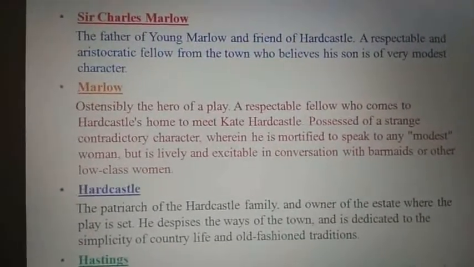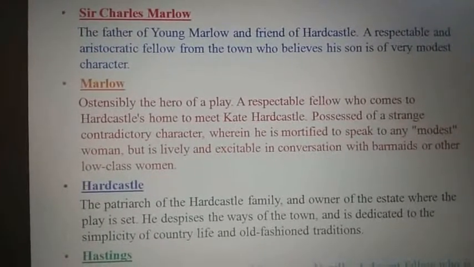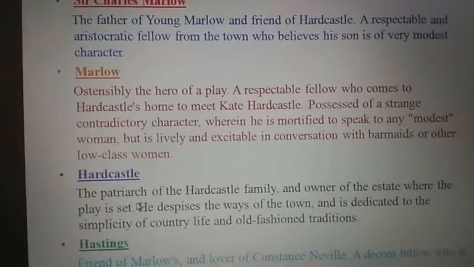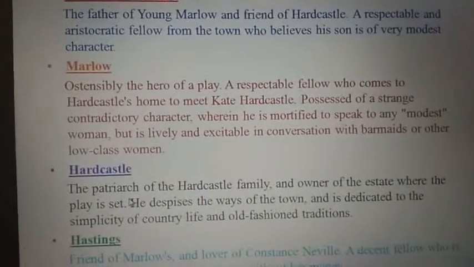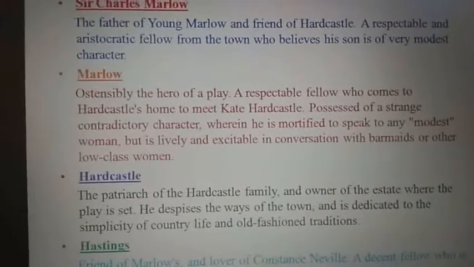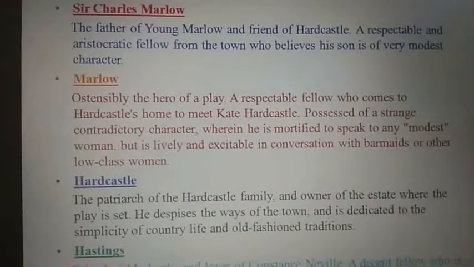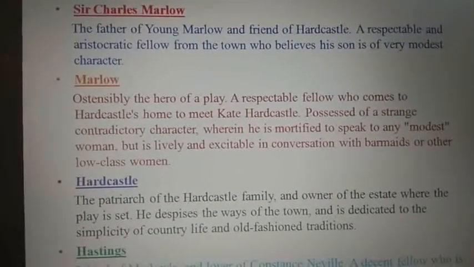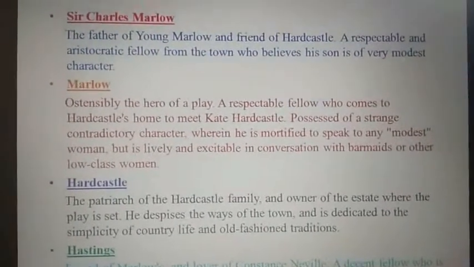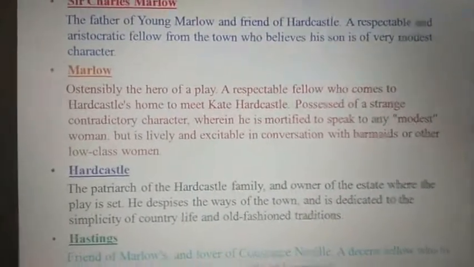And the next character is Mr. Hardcastle. He is the father of Kate Hardcastle. Kate Hardcastle loves him so much as he loves her very much. Mr. Hardcastle is a very simple man and he follows old fashioned traditions.